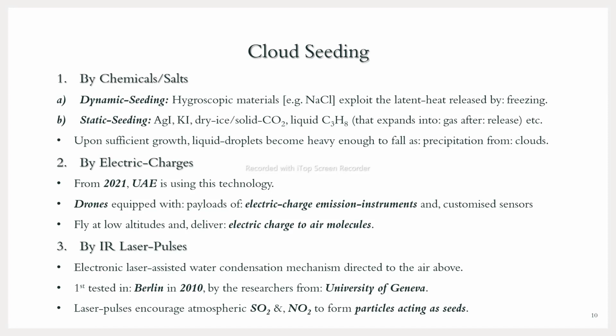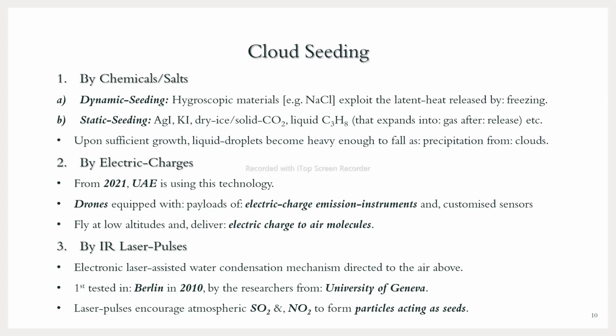So these are three methods by which cloud seeding can occur. Also, apart from silver iodide, in chemical or salt based methods, carbon dioxide, propane, potassium iodide, etc. can be used for seeding the cloud.